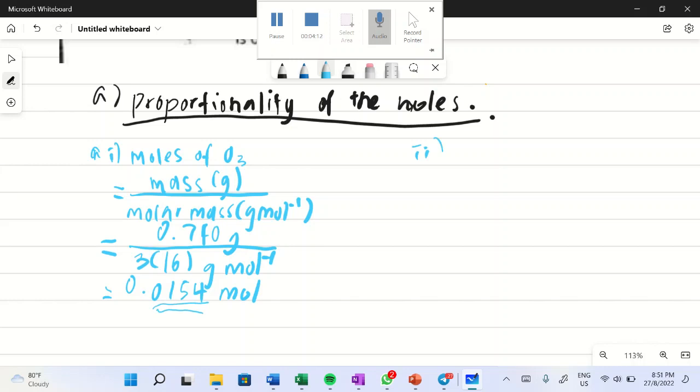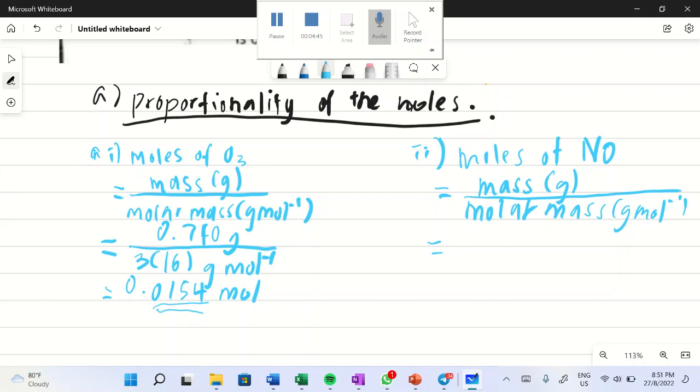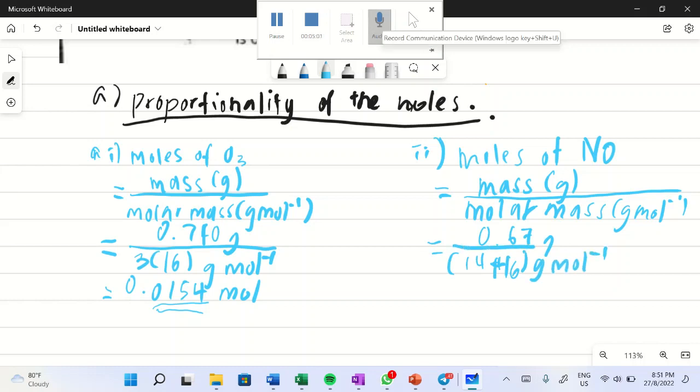So second step, we have to find the mole of NO. This is the formula given. Equals, the answer is 0.223 mole.